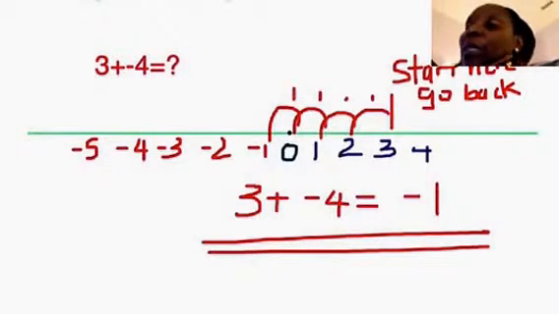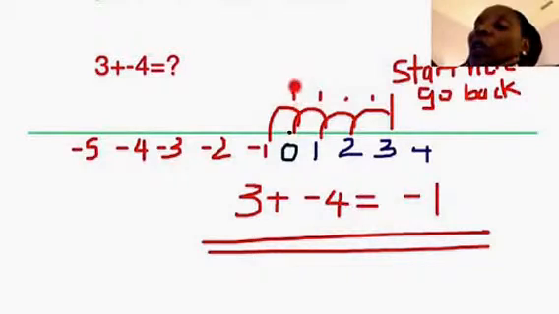Our problem says start from positive 3 and you add negative 4. So you move backwards, to the left-hand side. So you have 1, 2, 3, 4. You stop at -1. So once again, 3 plus minus 4 equals -1.